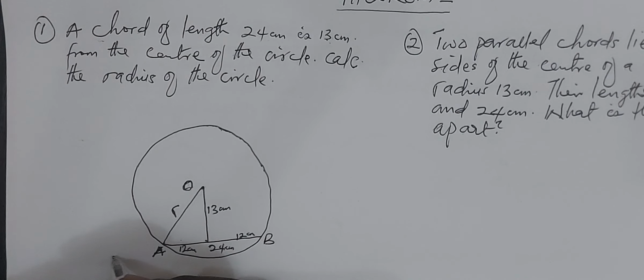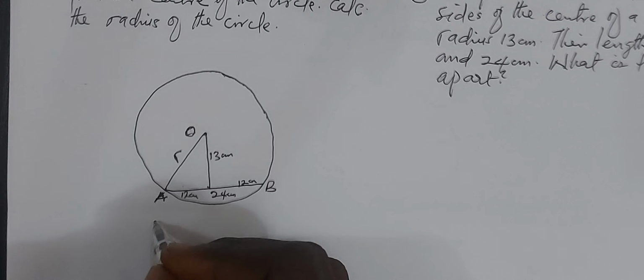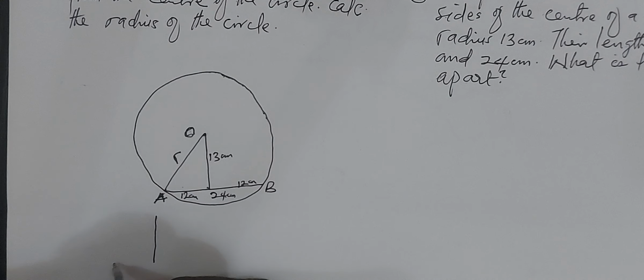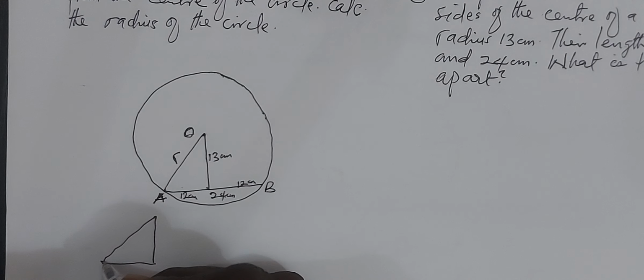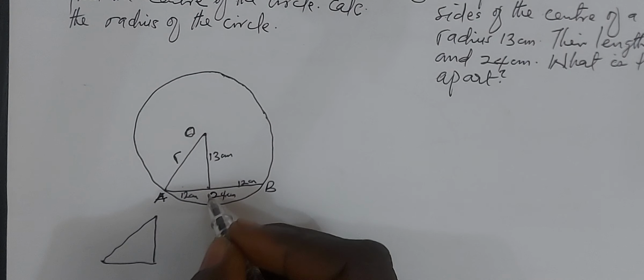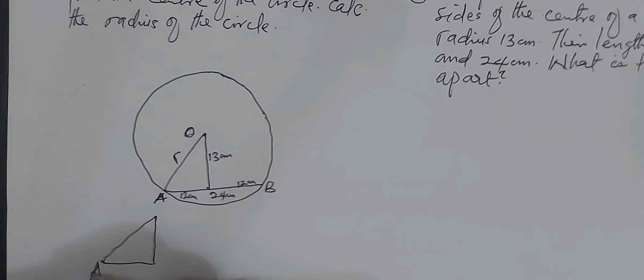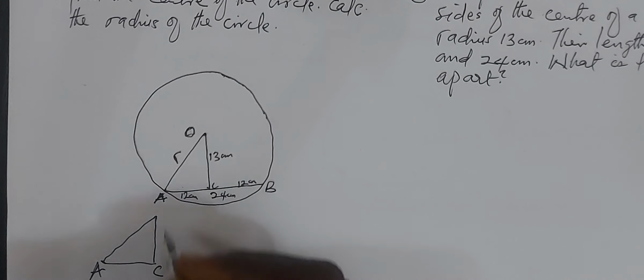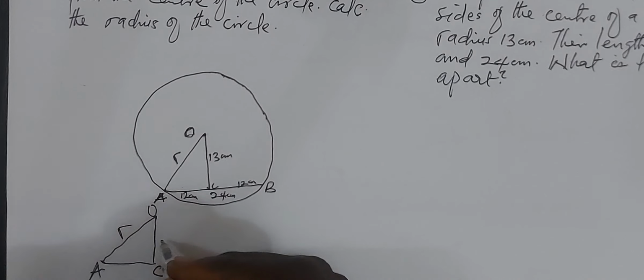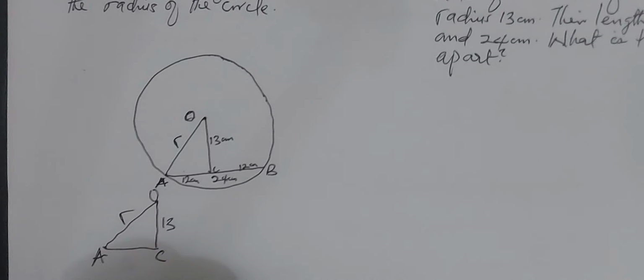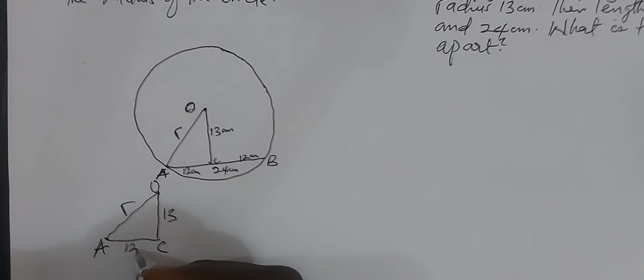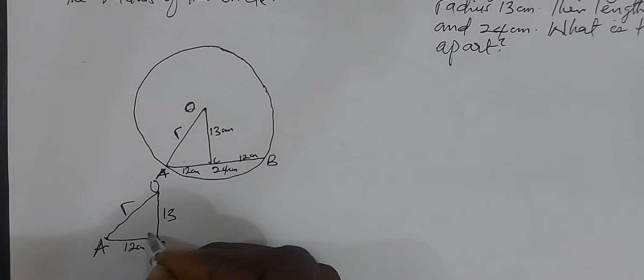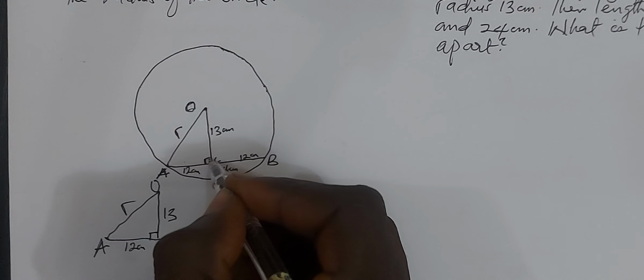When you bring this one out, you can bring it out like this to form your right angle triangle. You can call the center O, A, and call here any letter, let's say C. You have your R, your 13 centimeters, and 12 centimeters. This place is at a right angle because it's perpendicular.